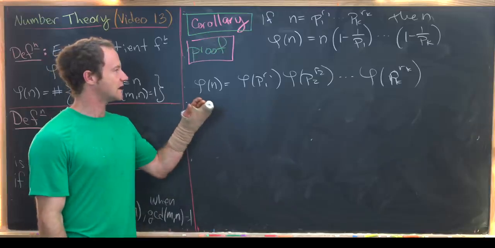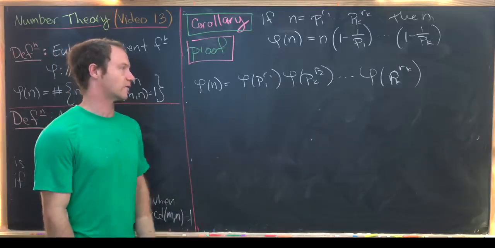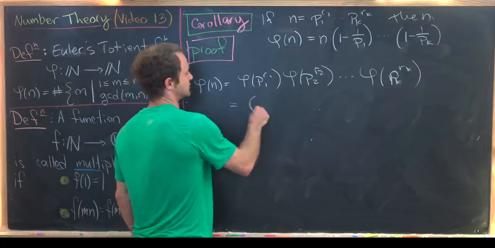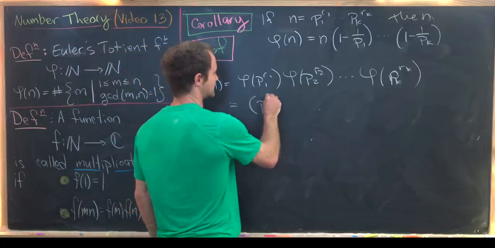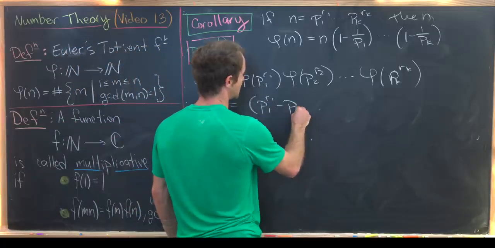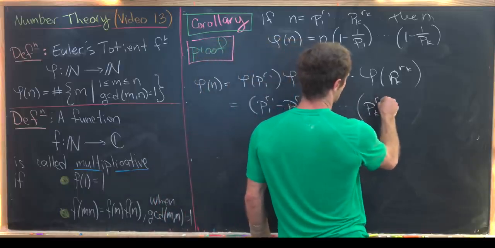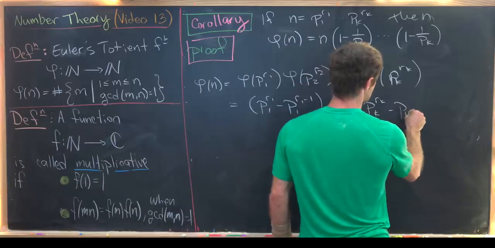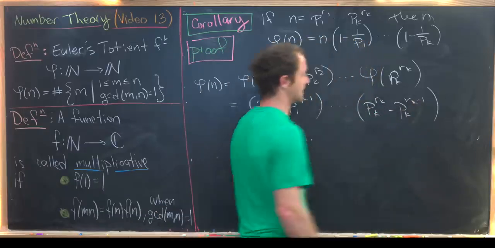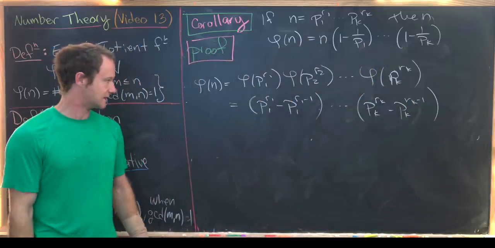Now we can apply our prime power formula to each of these. So this will be p1 to the r1 minus p1 to the r1 minus 1, all the way up to pk to the rk minus pk to the rk minus 1. Again, that's by our previous lemma.